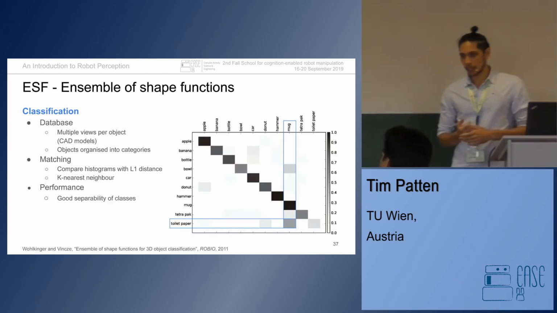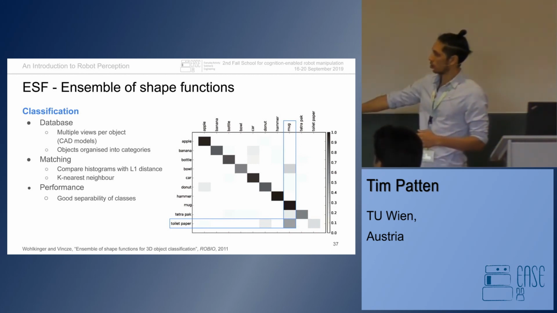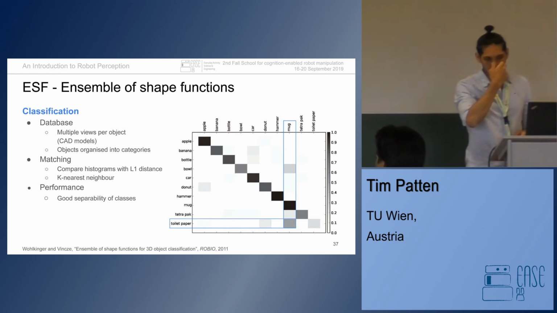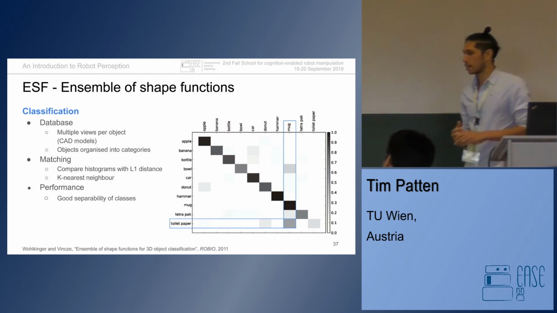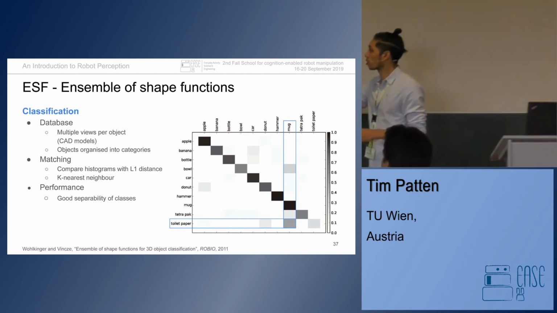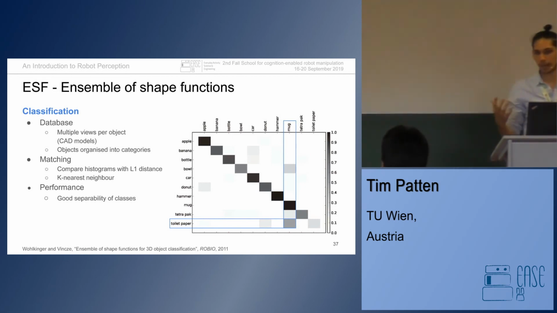So simply using ESF, I think results look quite good. You can see on the diagonal of the confusion matrix that it works pretty well. Everything is classified quite well. There are some parts where it's weaker, but I think that's actually quite interesting. If you look at the most confusing classes, that is the toilet paper and the mug, it kind of makes sense, right?